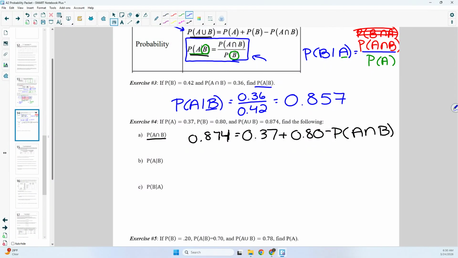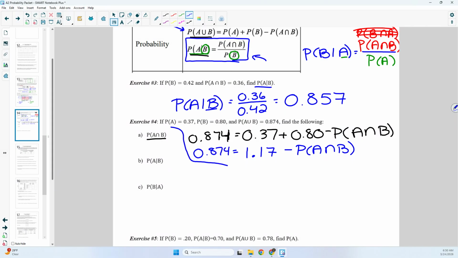So I add these two up, do some subtracting, do some solving. This is going to give me 0.37 plus 0.80, I get 1.17 minus P of A intersect B. And over here, 0.874.